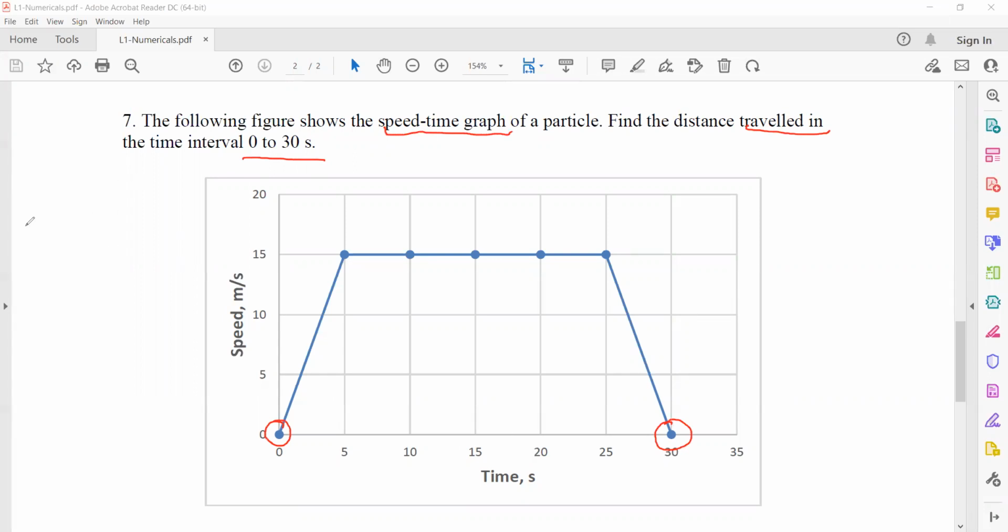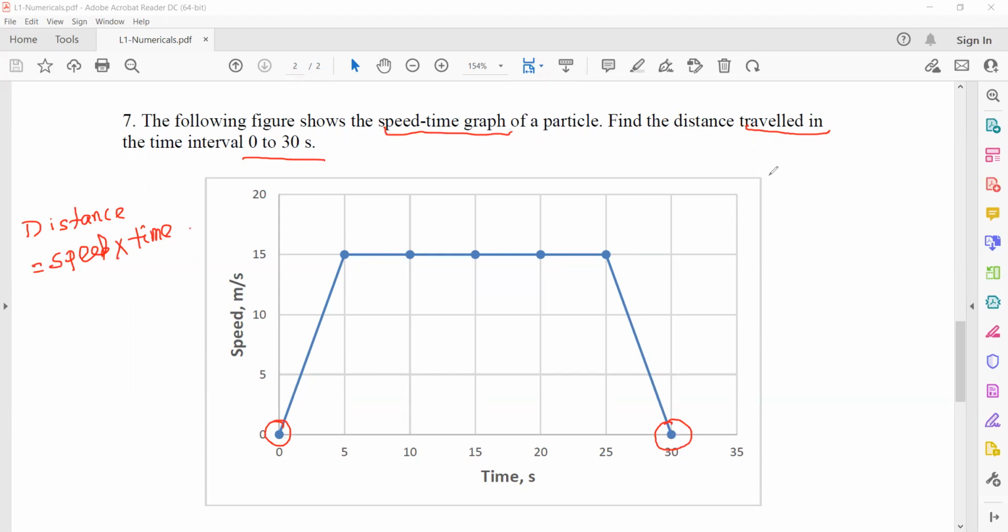So again, here two things. Distance is equal to speed multiplied by time. But here one more concept is involved. Distance can also be calculated by calculating the area of this portion, the area which this graph encloses with the x-axis.